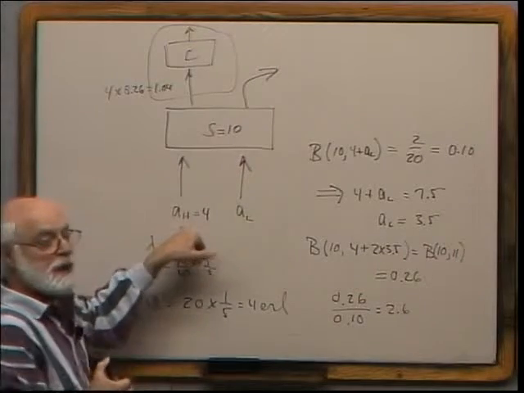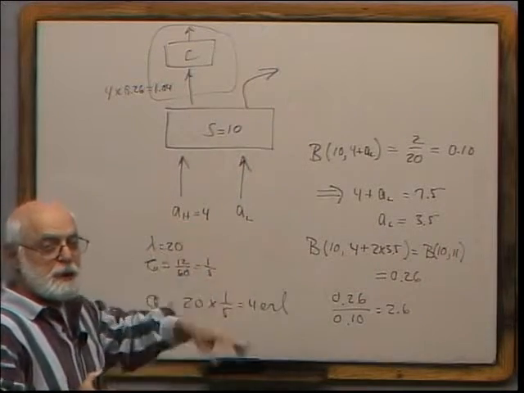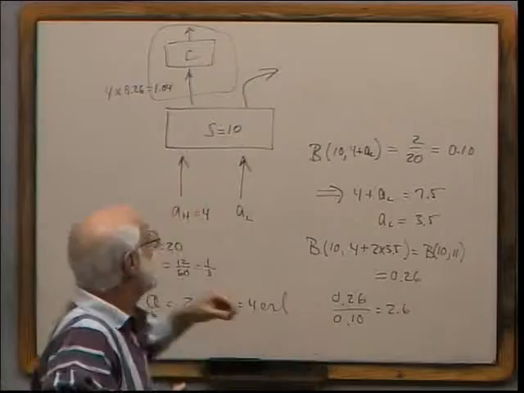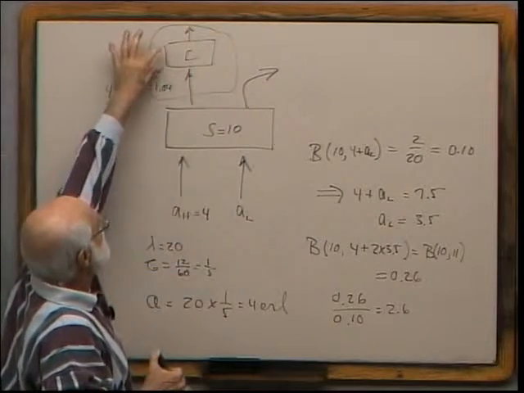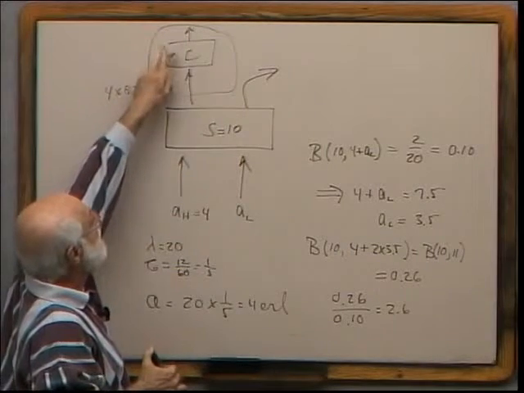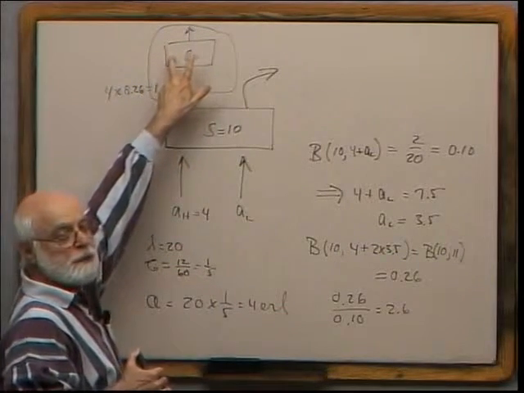So the question is, is it legitimate for me to look at the overflow traffic and assume that I can use the Erlang B formula again to decide what's happening in the overflow group? Okay, that's the question.